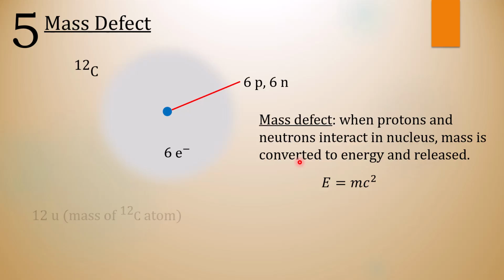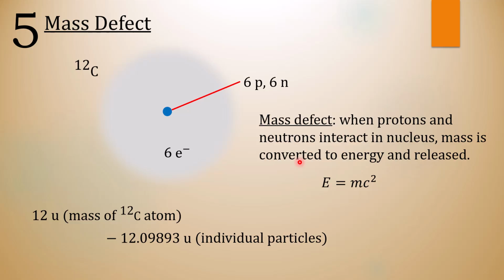If you think of the mass of a carbon-12 atom, when all the protons, neutrons, and electrons are together forming the atom, minus the mass that we predicted, assuming the particles were individual and we didn't account for the interaction between the particles, that mass defect, the difference between those two, is negative 0.09893 atomic mass units. This mass right here is the mass that's actually being converted to energy.